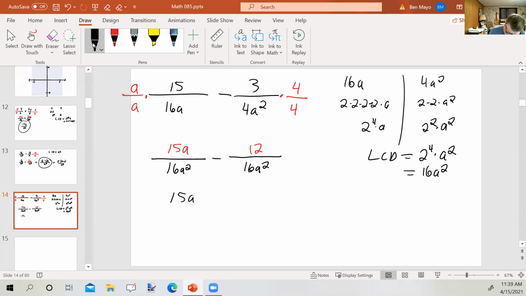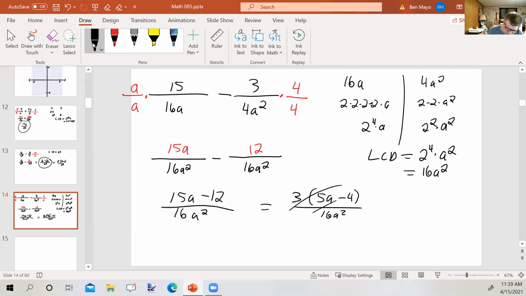So I get 15a minus 12 over 16a squared. Well, again, I could factor a 3 out of the numerator. However, that doesn't get me any common factors, so I'll just go back to that. But I always want to check because some of these will reduce once we've combined them.